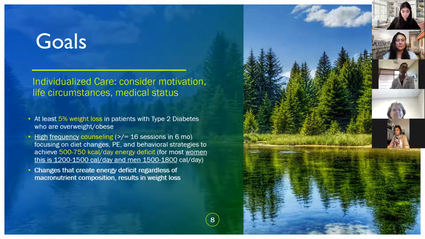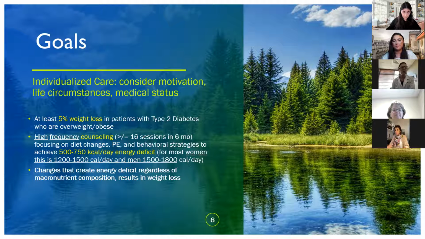But our goals are normally to get at least 5% weight loss in patients with type 2 diabetes who are overweight or obese. That includes a lot of work on both ends. It includes us doing our jobs and giving a lot of motivation and recommendations, but also the patients doing those things at home on their own.